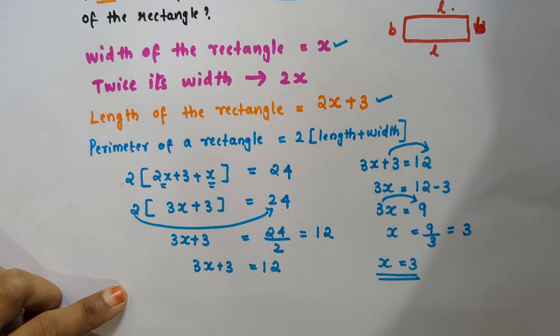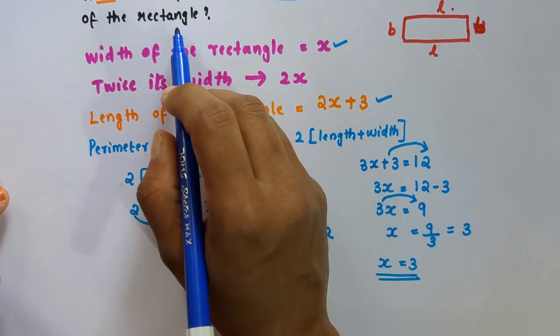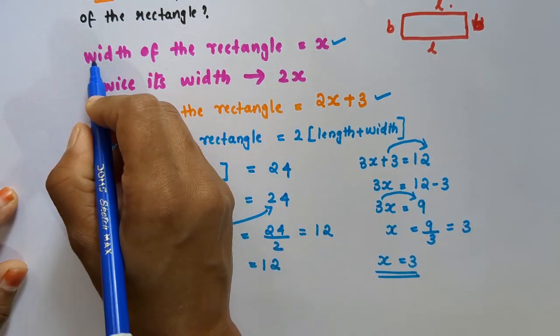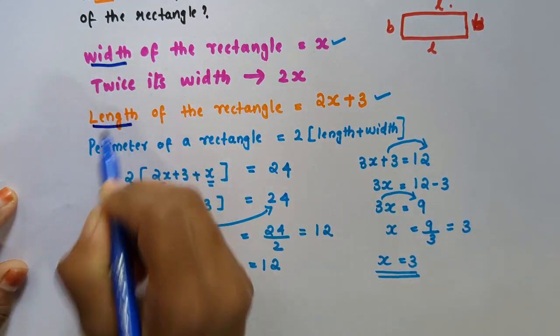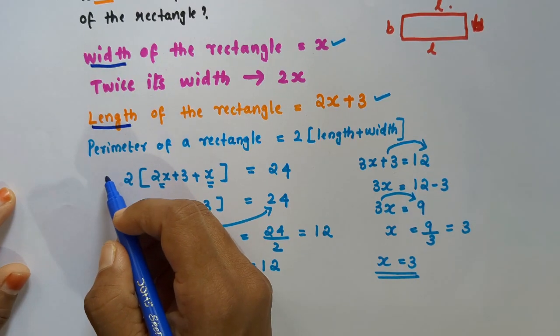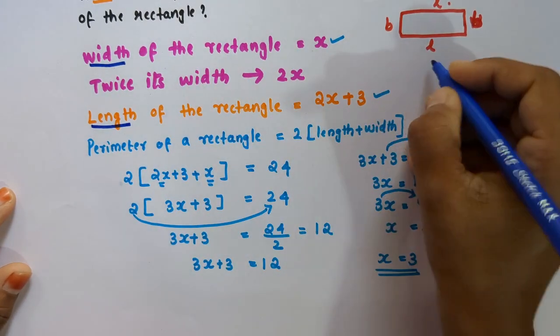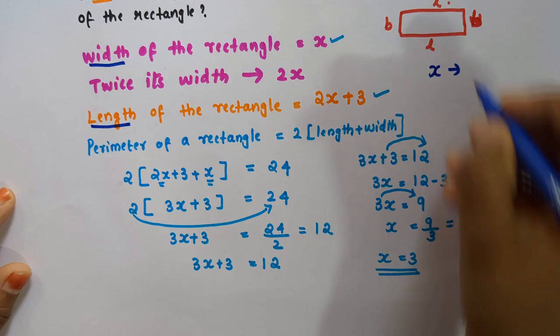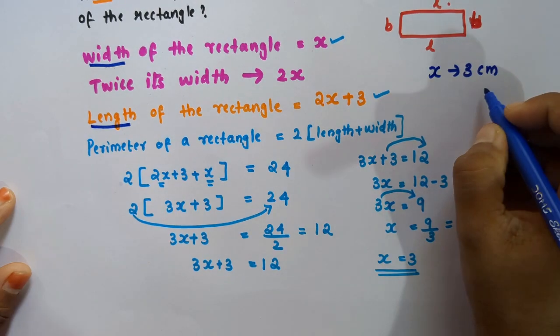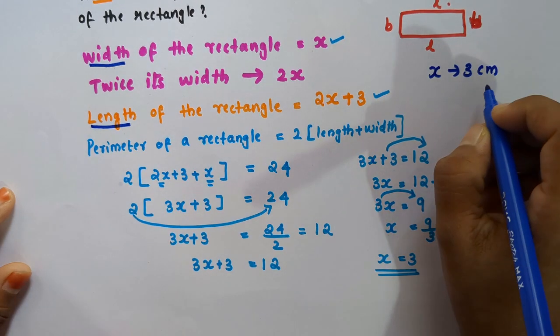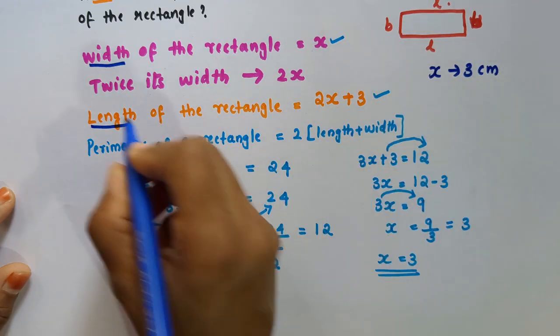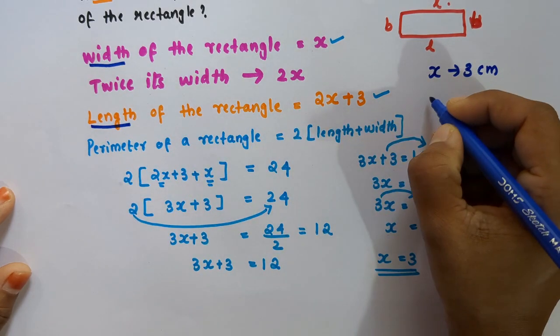The question is, we want to find out the dimensions of the rectangle. Dimensions of the rectangle means we want to find out the width as well as the length of the rectangle. So you see, the width of the rectangle is x centimeters. x is 3 here. So the width of the rectangle is 3 centimeter. And the length of the rectangle is 2x plus 3 centimeters.